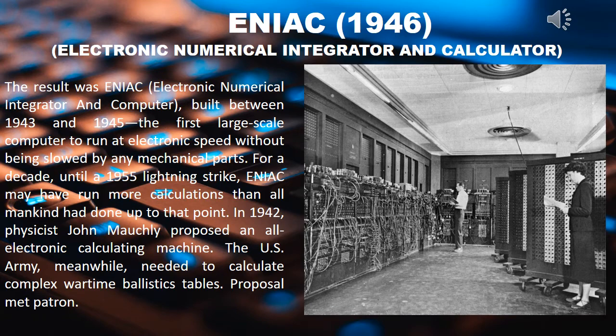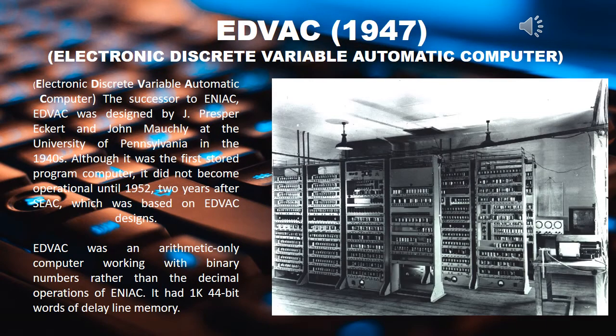Proposal met patron. EDVAC, 1947. Electronic Discrete Variable Automatic Computer, the successor to ENIAC, was designed by J. Presper Eckert and John Mauchly at the University of Pennsylvania in the 1940s.